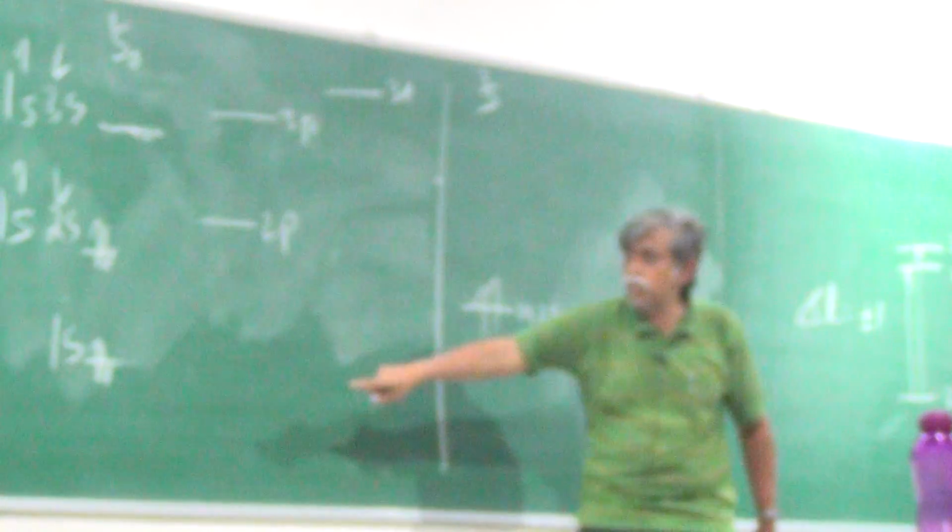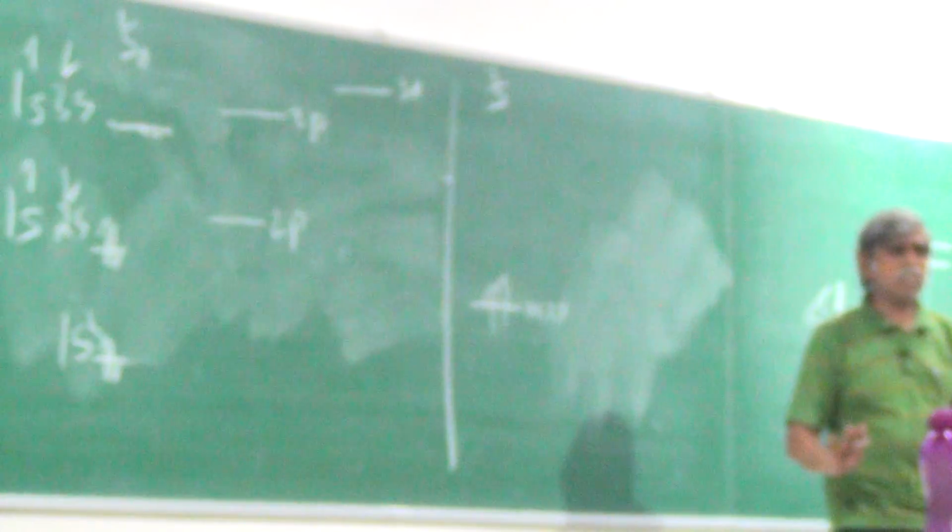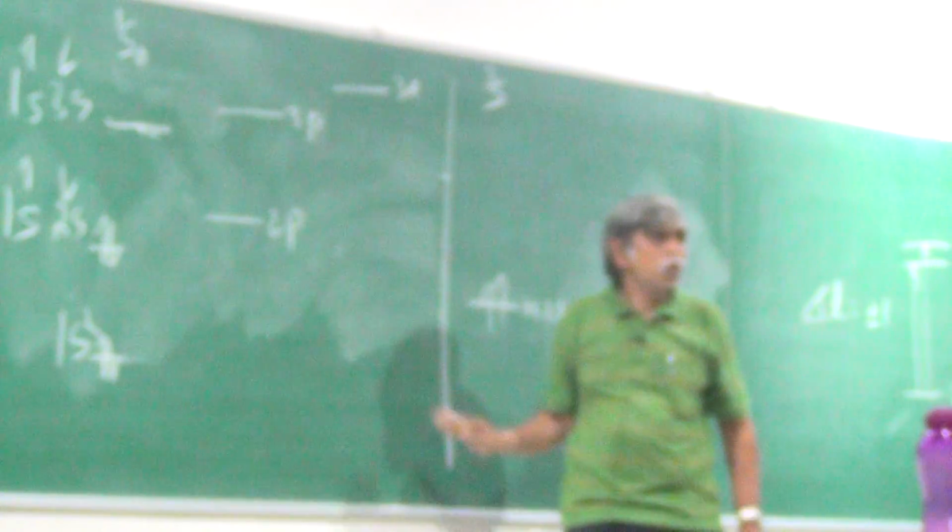I can't get that situation for 1s2. 1s2 is fixed. The only thing that's possible with 1s2 is a singlet S state. But with the 1s, 2s situation, I have the possibility that this state can either be a singlet or it can be a triplet. Right? So all the states that will come on this side will be triplet states, and all the states that come on this side will be singlet states.